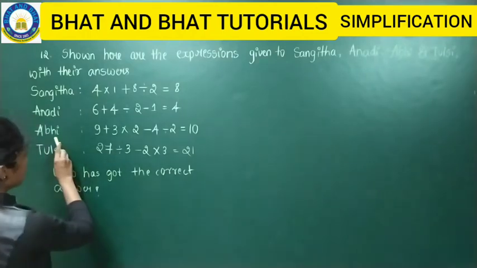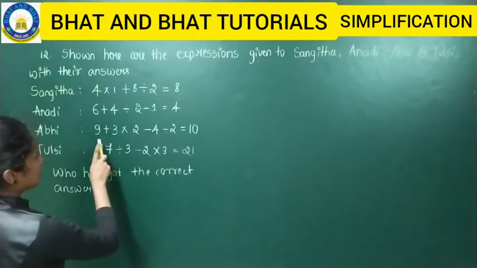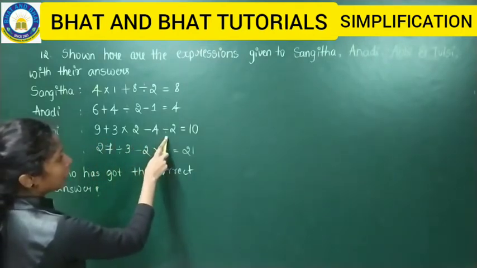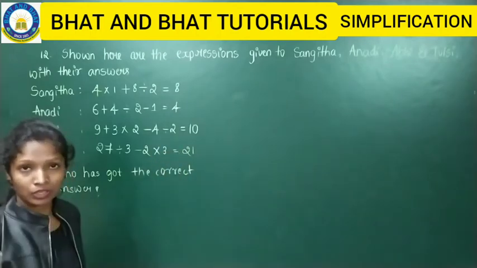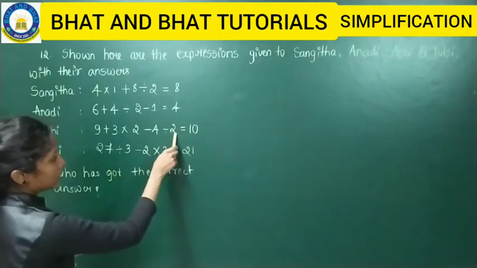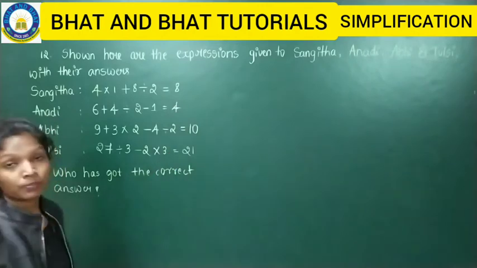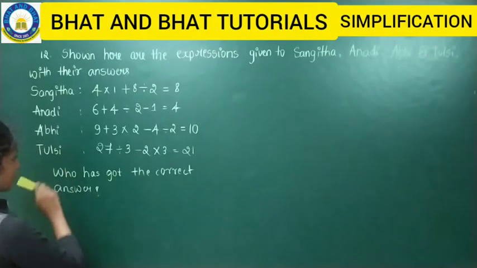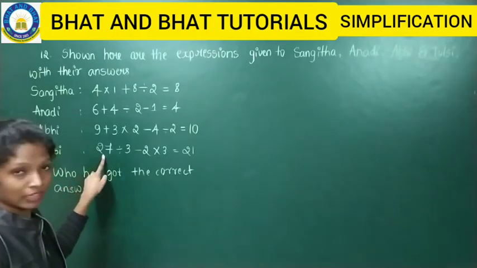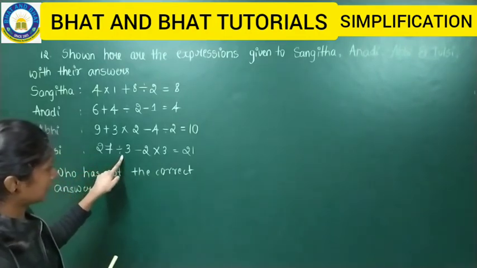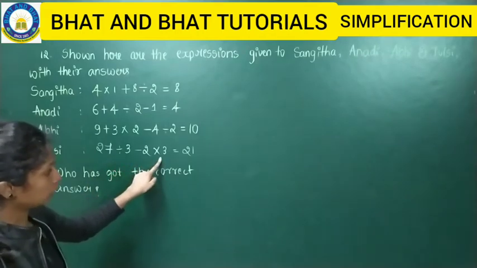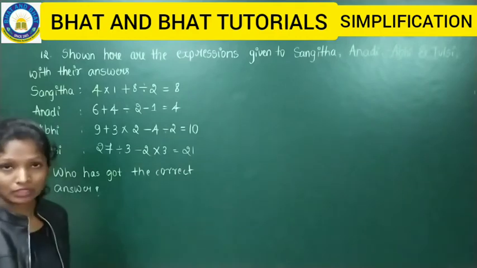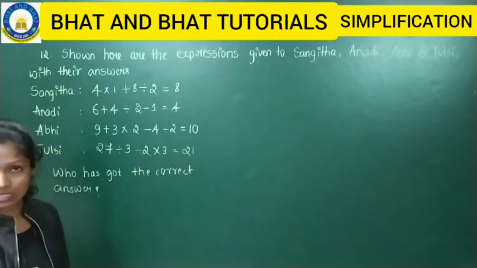For Abhi, 9 plus 3 into 2 minus 4 divided by 2, which is equal to 10. If you get 10, then Abhi's answer is correct. For Tulasi, 27 divided by 3 minus 2 into 3. If you get 21, then Tulasi's answer is correct.